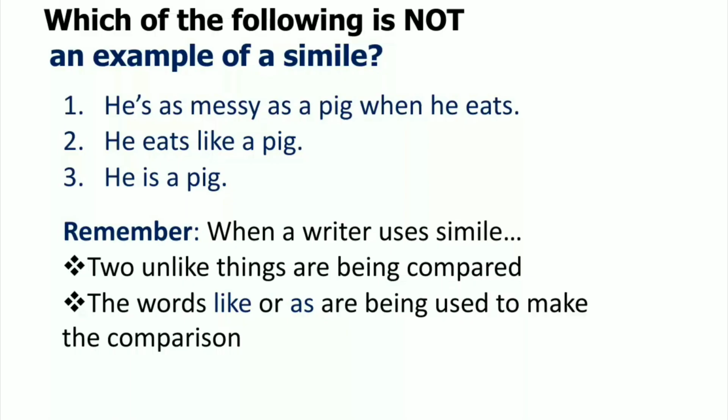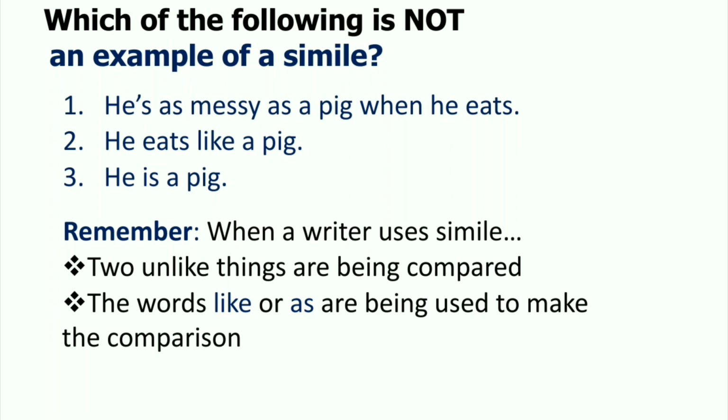Okay friends, let's come to another question. Which of the following is not an example of simile? There are three sentences. First one is, he is as messy as a pig when he eats. He eats like a pig. He is a pig. So when a writer uses simile, he remembers two things. First one is two unlike things are being compared, and second one is the words like or as are being used to make the comparison.